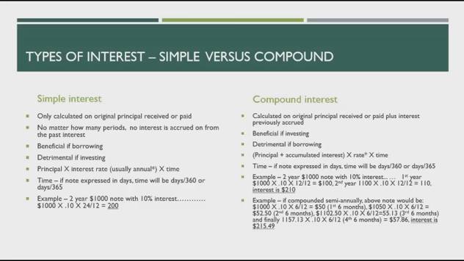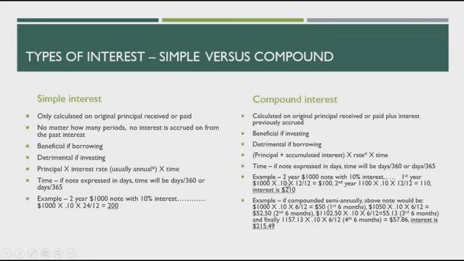Contrast that to compound interest, where over time, an investment could really grow because interest earns interest. If you look at the example, I know all of you probably remember the basics of principal times interest rate times time. With the compounding, it's principal plus all accumulated interest from the past times the interest rate times time.